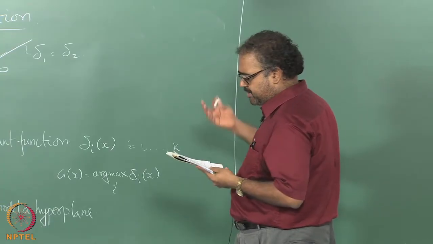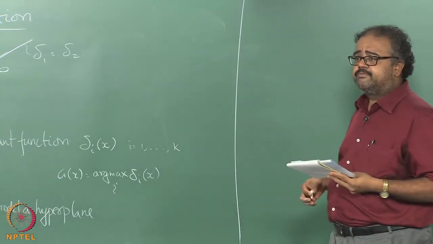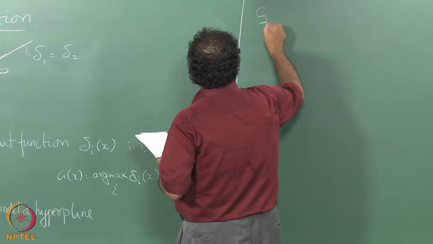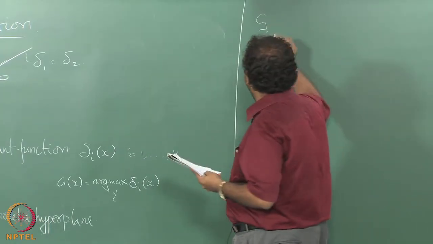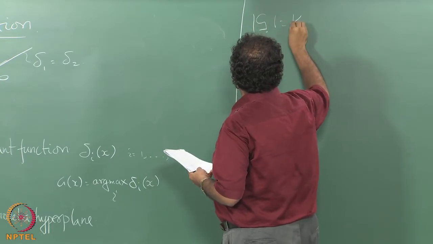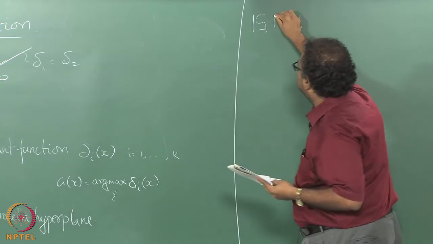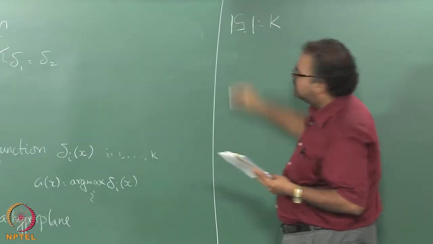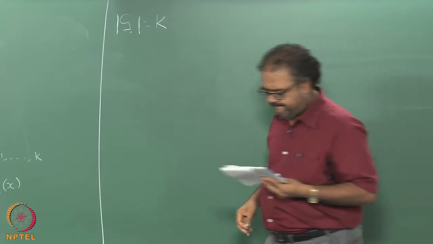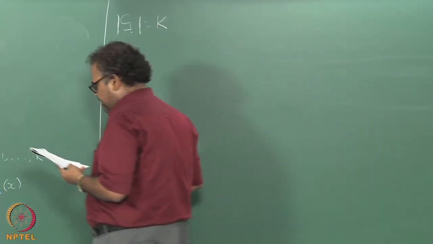So people remember the basic setup for classification, right. I am going to assume that I have some space G which has k classes, right. For convenience, I will index them as 1 to k.